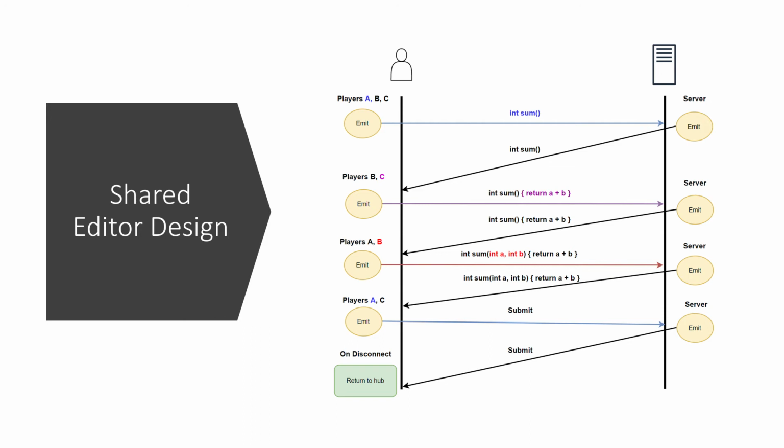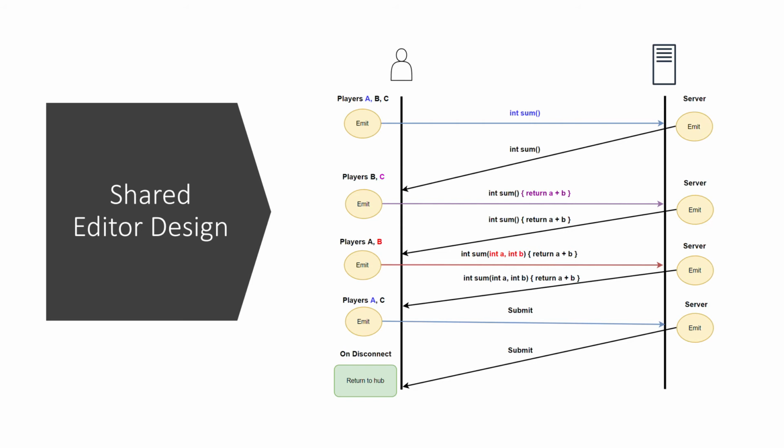Player A has written int sum with 2 brackets. That gets sent to the server, and it gets emitted back to players B and C. So now everybody has the same thing in their editors.